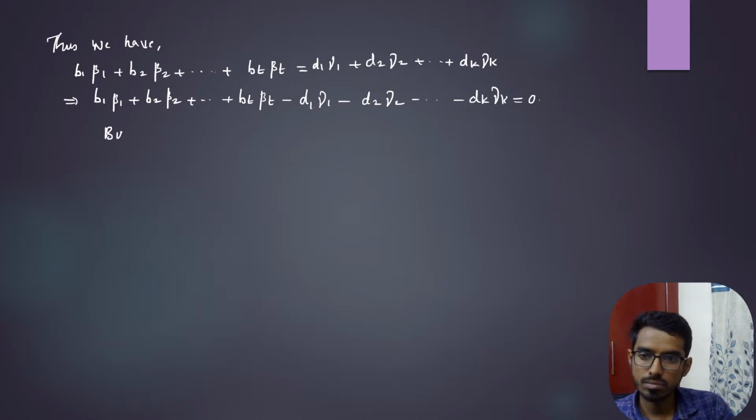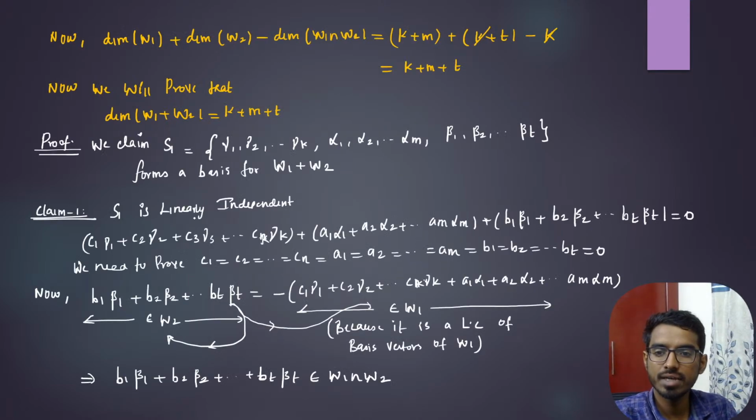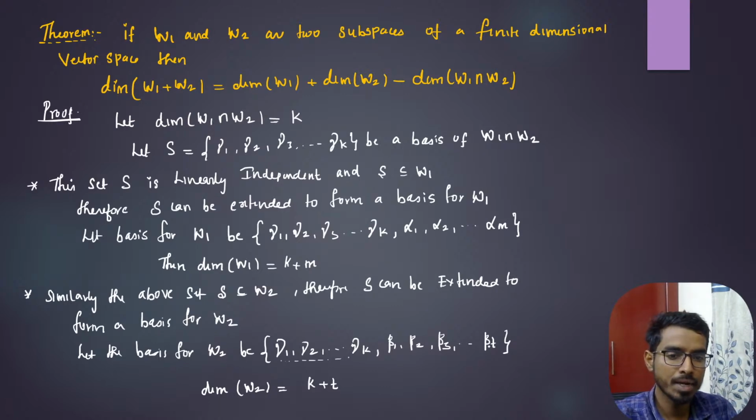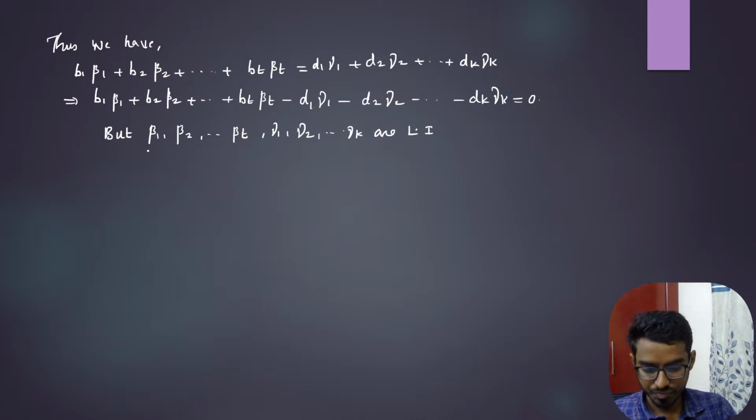But we know beta 1, beta 2 and so on up to beta t, and gamma 1, gamma 2 and so on up to gamma k are linearly independent, right? Because we know that these are linearly independent vectors. So that means what? All the scalars have to be 0.